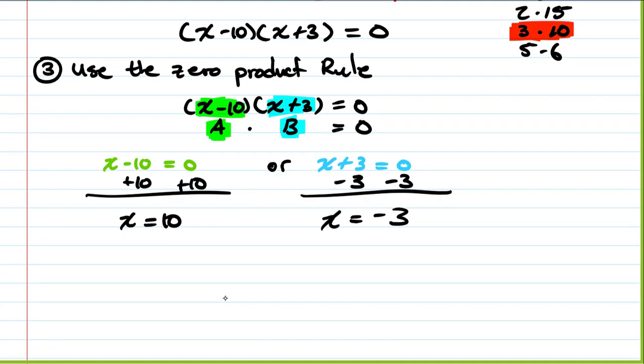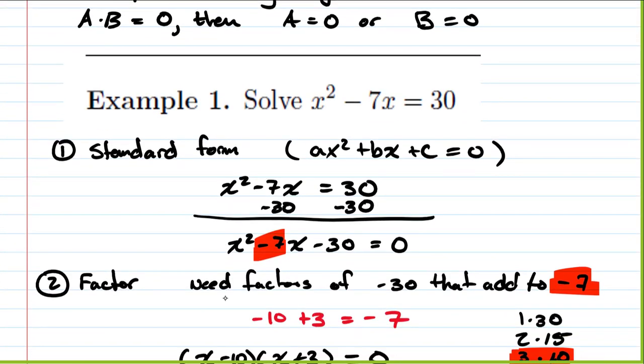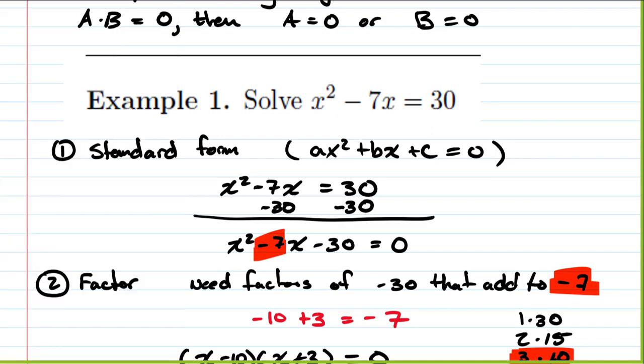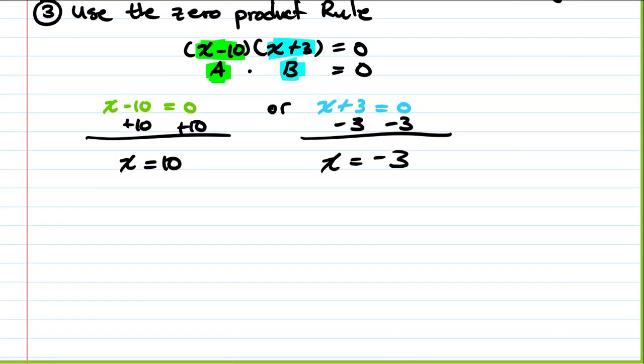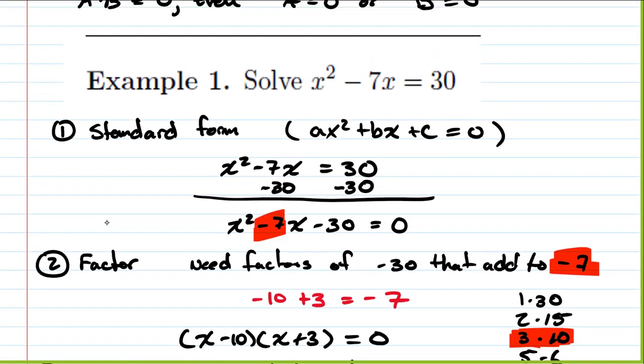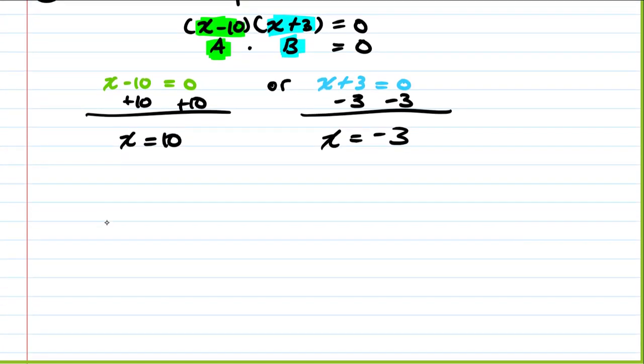We can then check, and this step is completely optional, but we have our two solutions, and we can always check by going back to the original equation. If we grab our graphing device, we could put in our different values. We have x squared minus 7x equals 30. So x squared minus 7x would be 10 squared minus 7 times 10, and we're supposed to get 30.